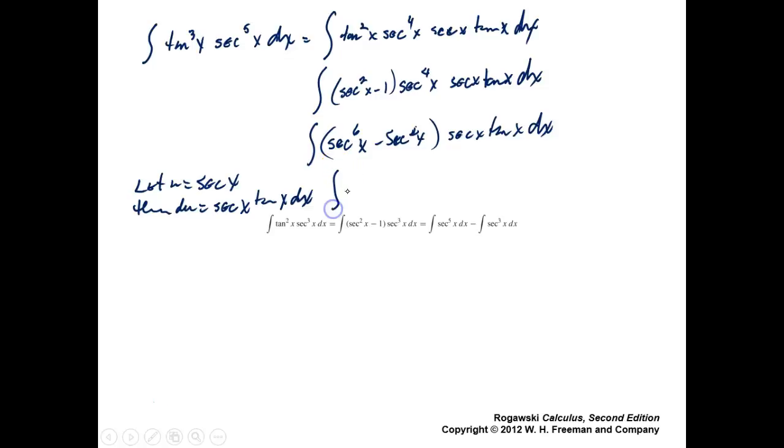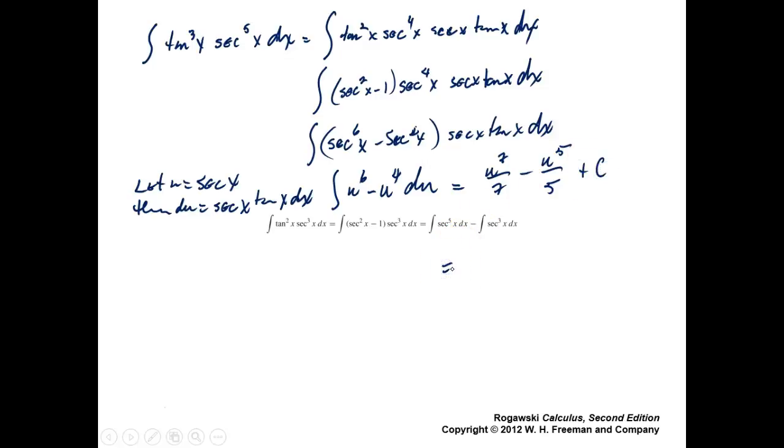So this will be the integral of, and by the way, they didn't have limits on this. No, they didn't. Of what? u to the 6 minus u to the 4th du. Perfect. And that would be u to the 7th over 7 minus u to the 5th over 5. And you could put a plus c there if you want to.